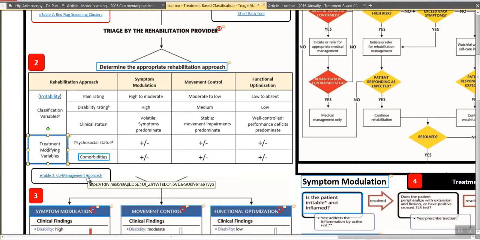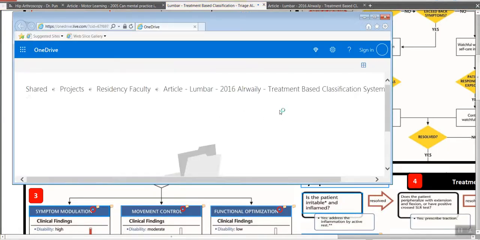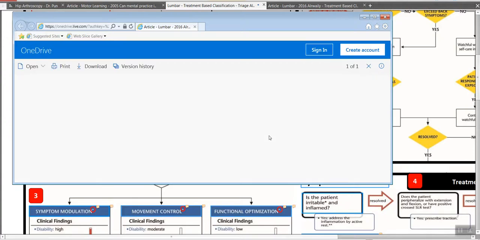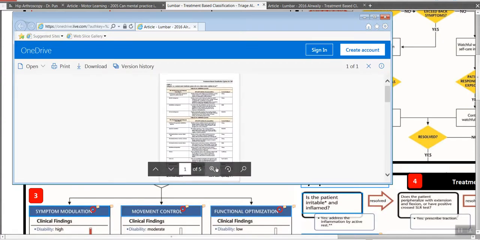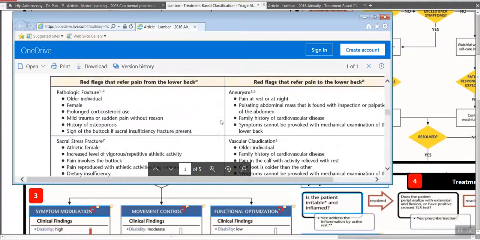Okay, as far as the co-management approach, again, it's a hyperlink. If you click on it, it will open it up. Give it a moment. Okay, so same document as you saw before. This time it's referencing the 3rd table, and I'll show you that.